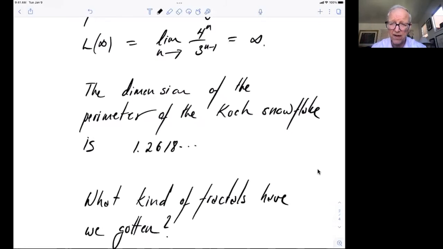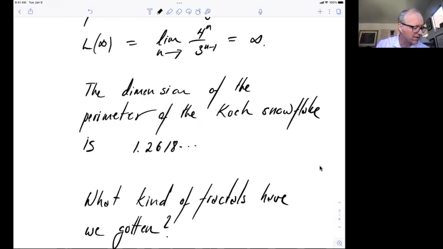And this is typical for fractals. Their dimension is not an integer. Most of the time it's an irrational number. Here we get an irrational number, and it lies between 1 and 2. So the dimension is somewhere between 1, which is the dimension of a line, and 2, which is the dimension of a plane.